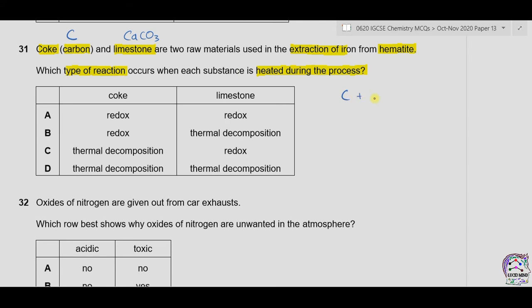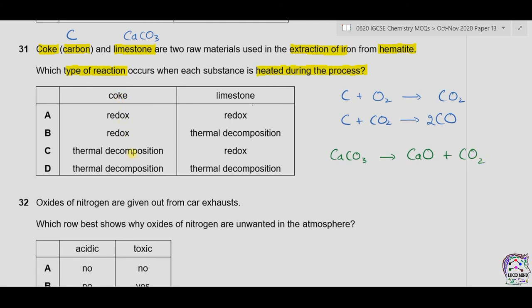When carbon is heated, it reacts with oxygen to form carbon dioxide, and again it reacts with carbon dioxide to form carbon monoxide, while calcium carbonate decomposes to give calcium oxide and produces carbon dioxide gas.